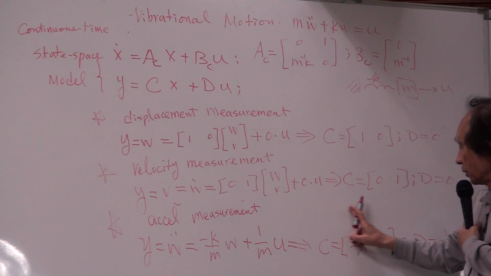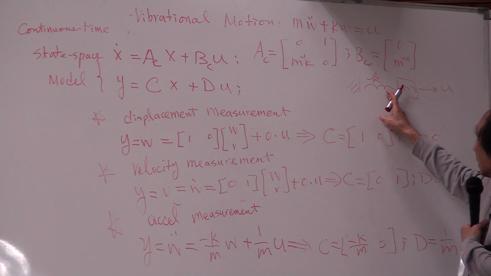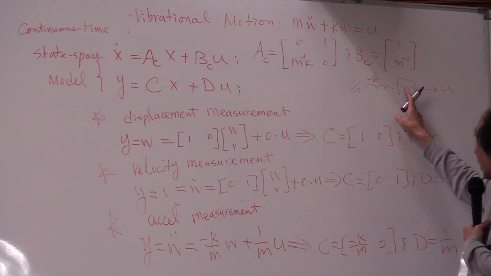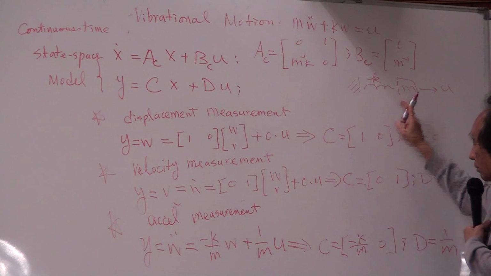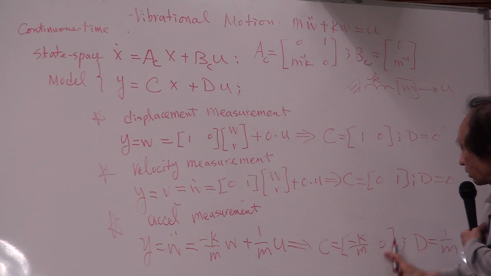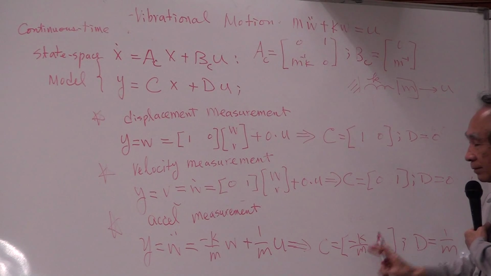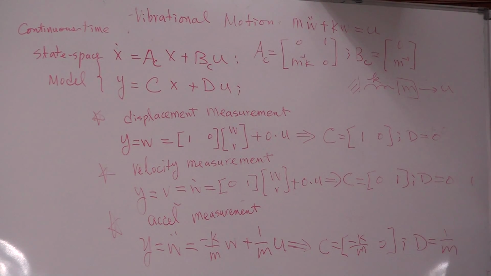That's because we have a spring. Spring got force to M, and this is another force to M. So because you have a spring force here, you got the C terms.